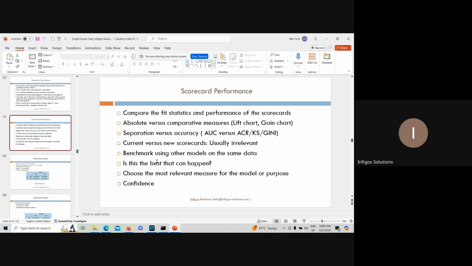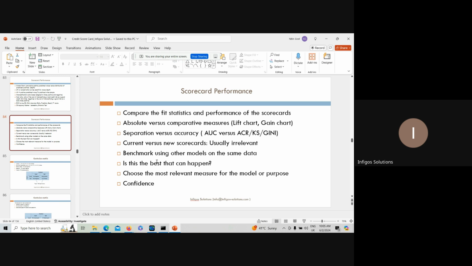So if you make an optimal model, you want to see whether the optimal point is the same point as where your profit is maximized. Because you want to avoid the false positive and false negative, especially false positive. You don't want to deny a good customer. So for that purpose, optimal cutoff is coming into picture.